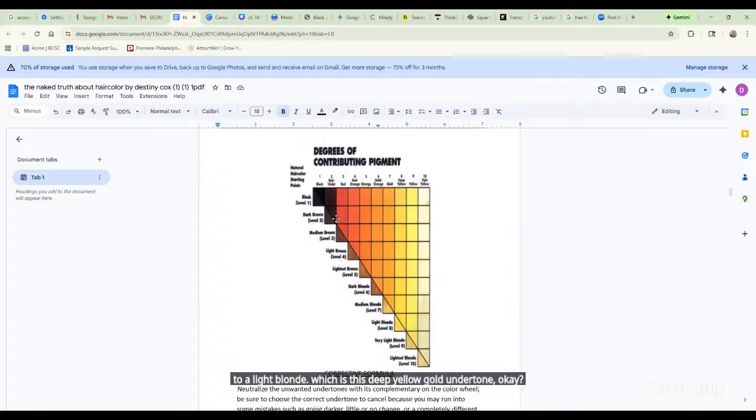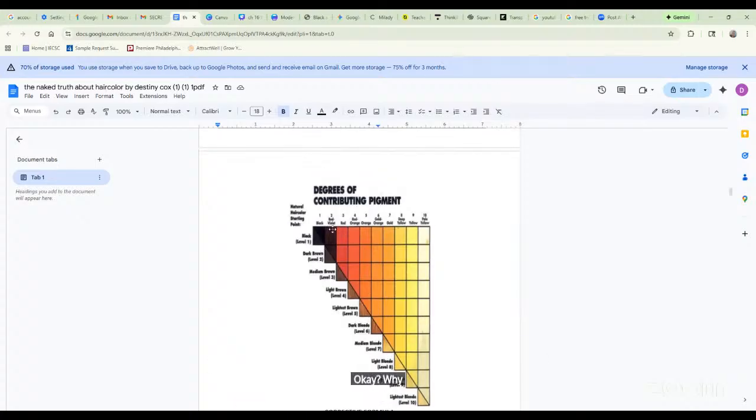So we got to get rid of all this red, all this orange to get her over to yellow. Let me tell you, red and orange are the strongest colors, the toughest colors to fight against when you're trying to go blonde. Why?